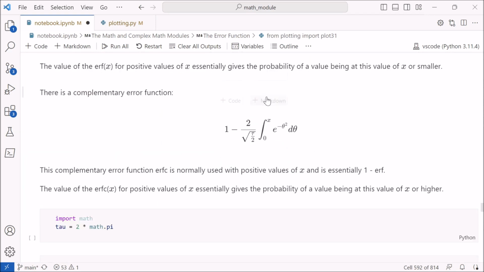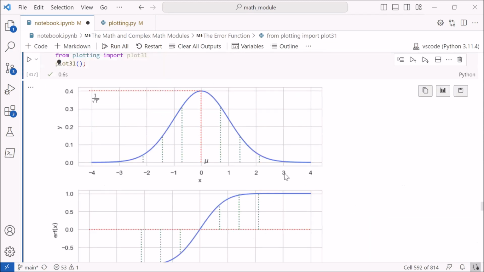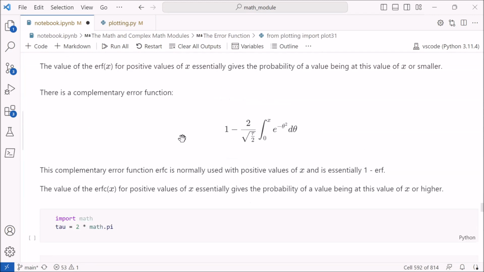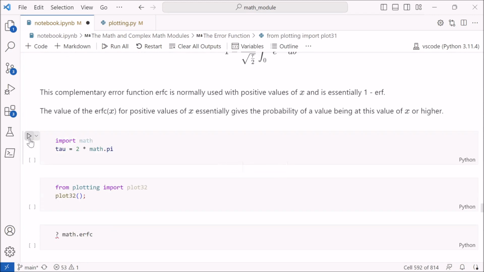Also there's the complementary error function, which is basically the probability of not being in the bound, i.e. the probability of being under this tail. This is slightly less than 1, so what is your probability of being here instead of within here. That's what the complementary error function does.